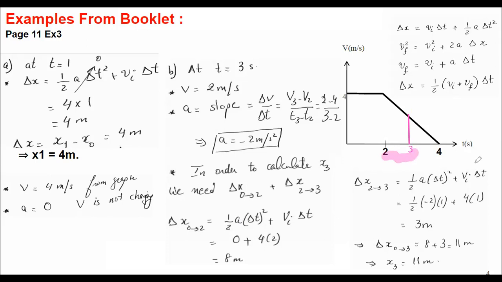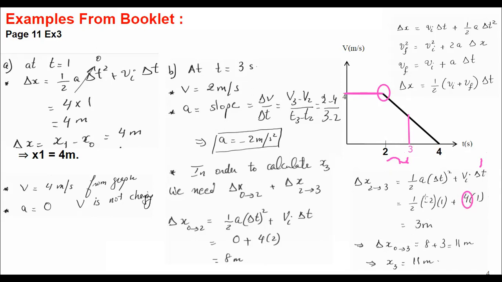So delta T is 1, right? So instead of delta T, I would put 1. And V initial is this value over here. This is V initial. How much is V initial? It's 4. So my V initial is 4.